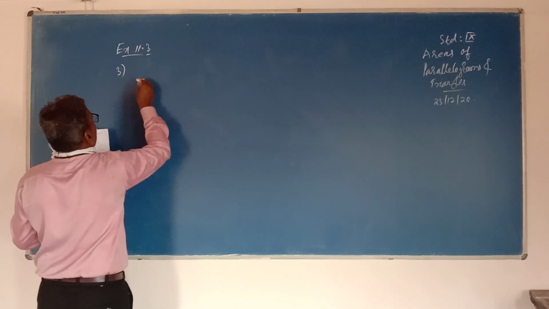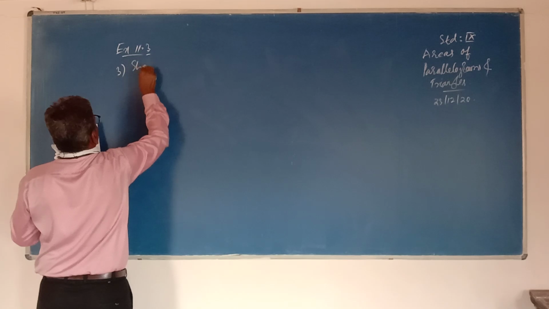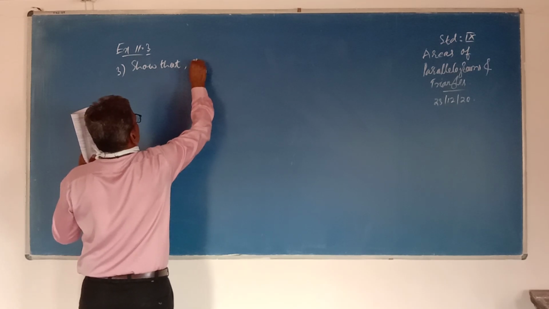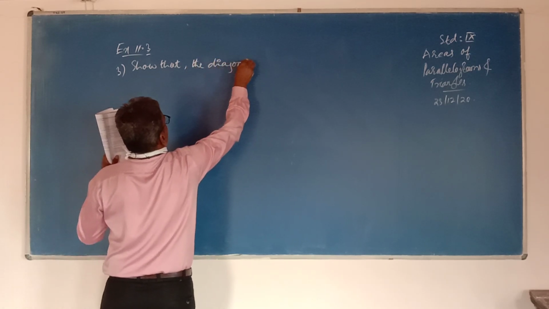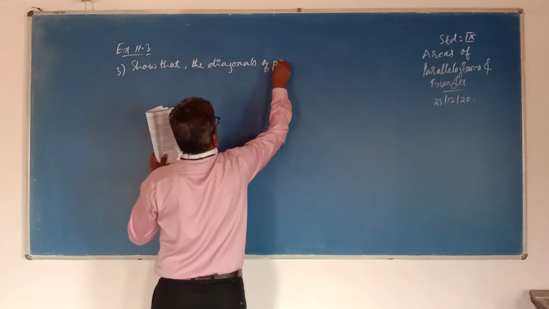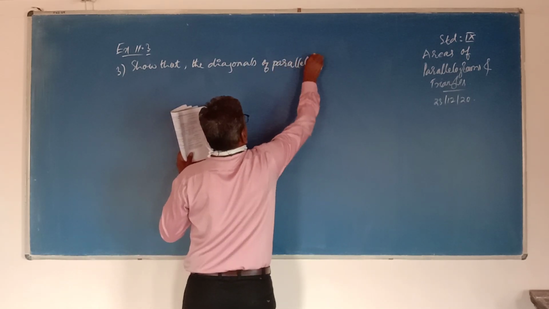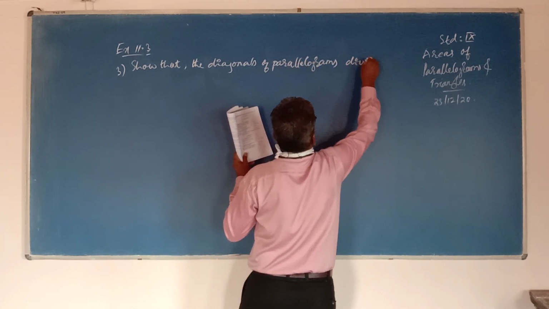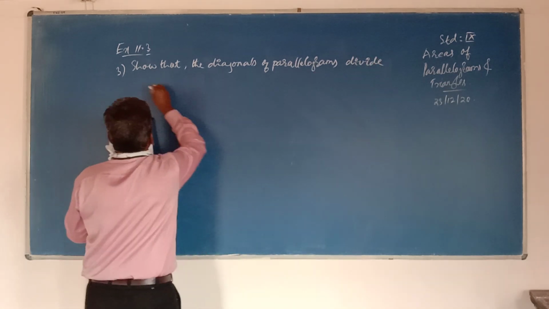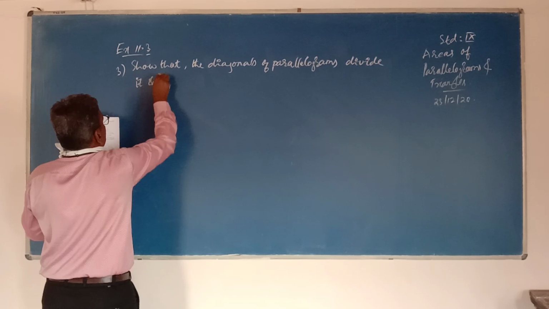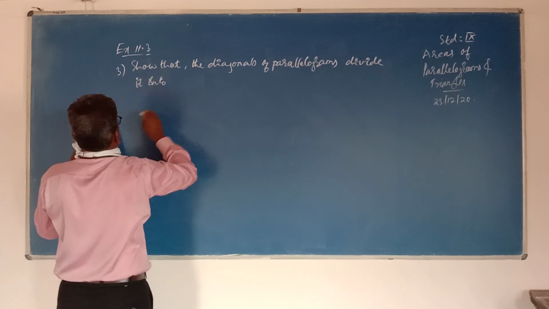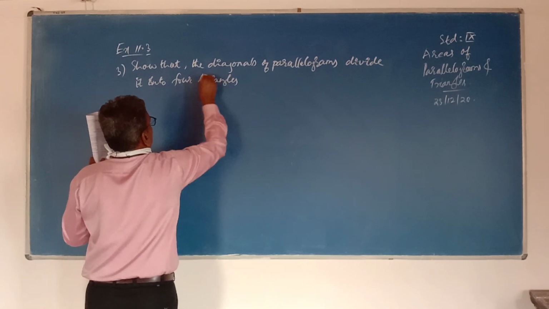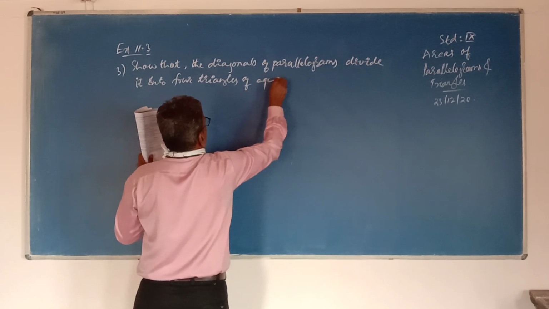Example number 3. Show that the diagonals of a parallelogram divide it into 4 triangles of equal area.